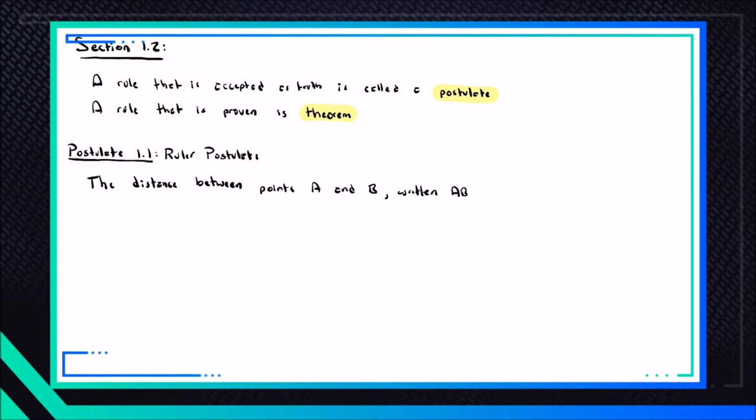So if you ever see something that looks like it should be a line or a segment or a ray, and you just see A and B with nothing above it, that means the distance or the length of AB is going to be the absolute value difference between the two.